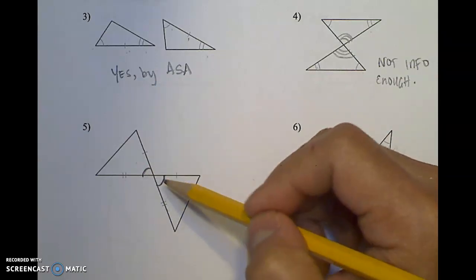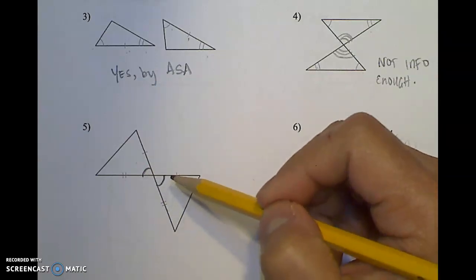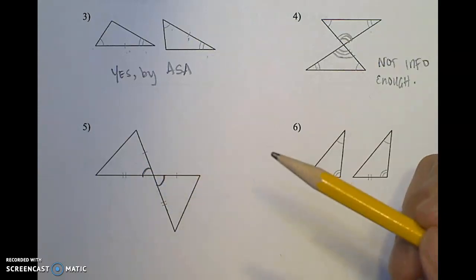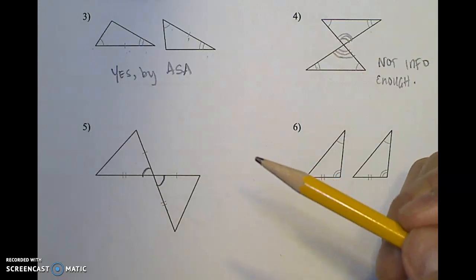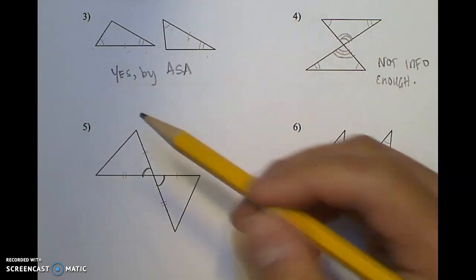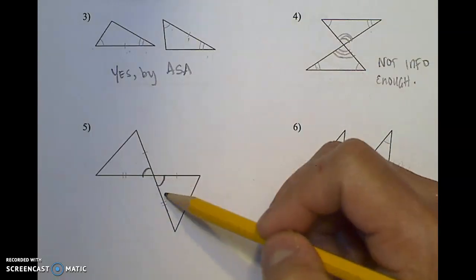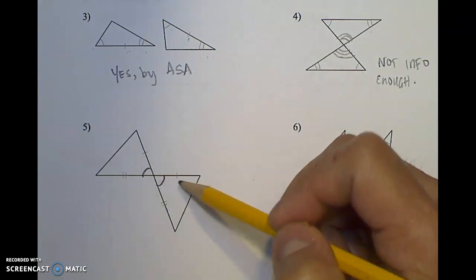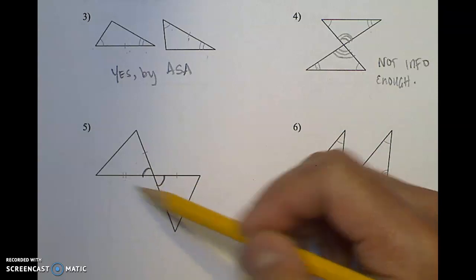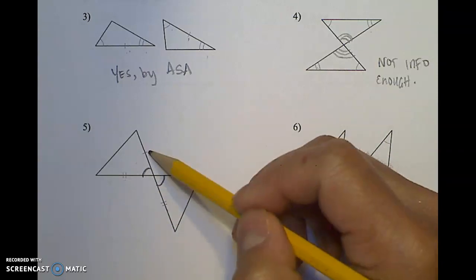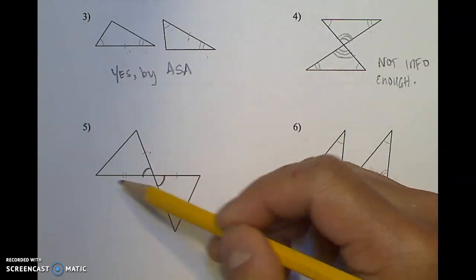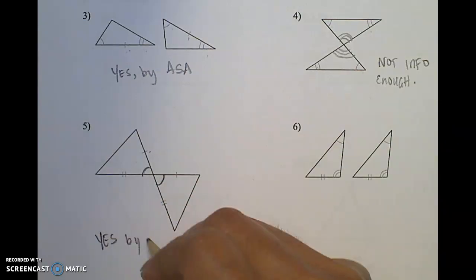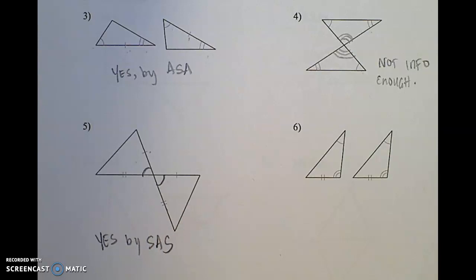Again, I was not given this initially, but we know that it's something that we can assume to be true because of the vertical angles property. And when we mark those up, now I have a side from each, an angle from each, another side from each. And the arrangement is side, angle, side. So we can say these two triangles are congruent by SAS.